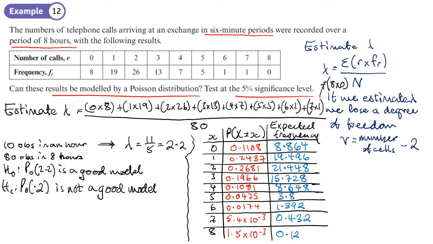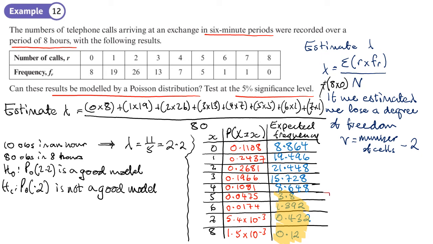So I can see that these expected frequencies fall below 5, so they're going to need combining. So we can combine those to create a value greater than 5.